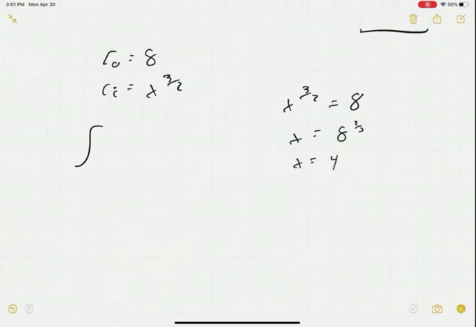Should be 4. So it should be 0 to 4 of pi times 64 minus pi x cubed dx.